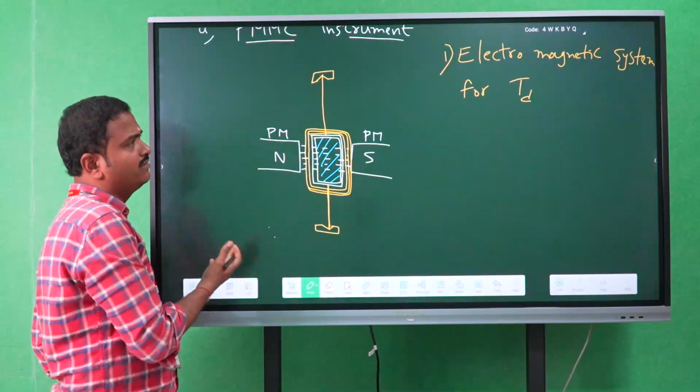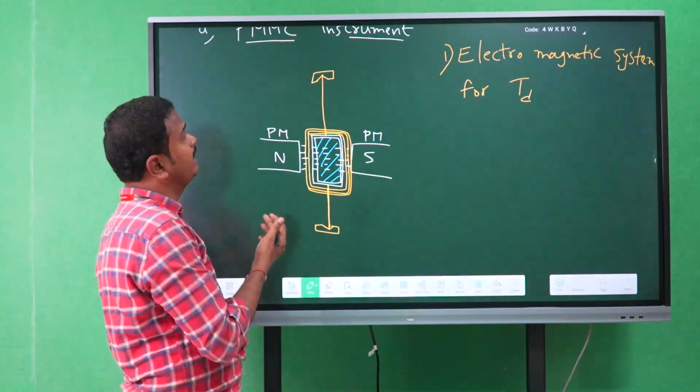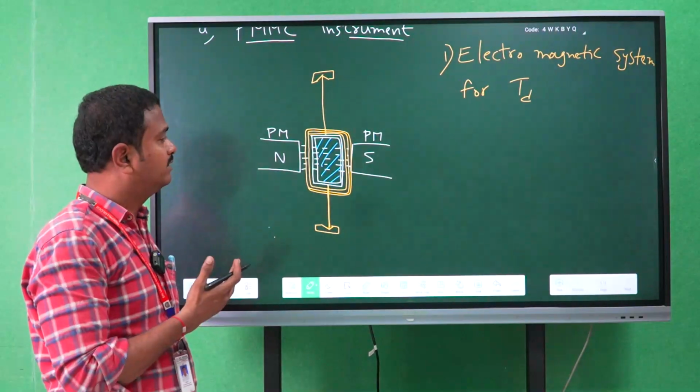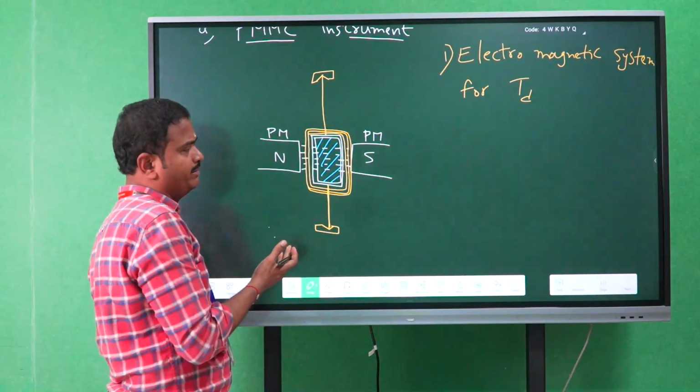So what is the working operation? It is similar to a DC motor, right? The permanent magnet moving coil instrument's working principle depends on the DC motor principle.